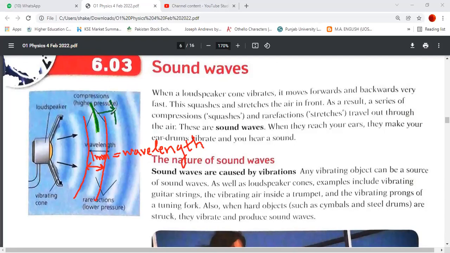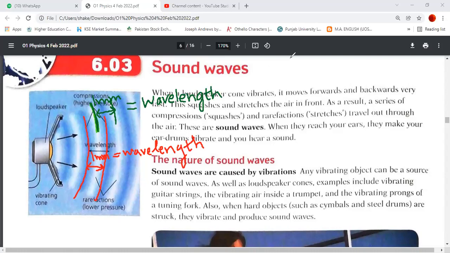If you check this distance, it will also be the same as the distance between the compressions. So the distance between any two nearby compressions, or any two nearby rarefactions, is always the same, and these distances are called the wavelength. I hope this concept is clear to you.